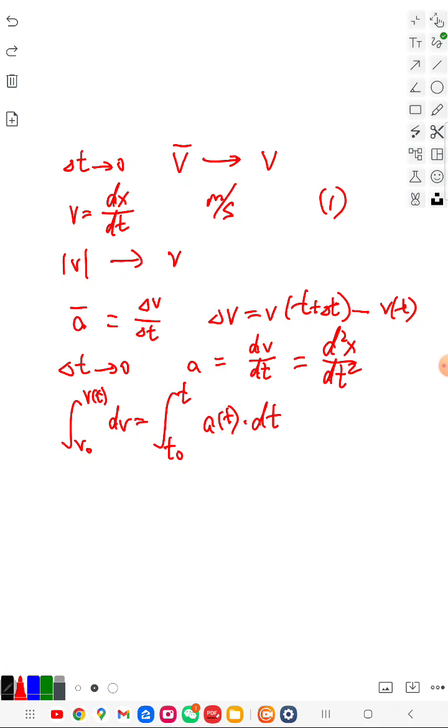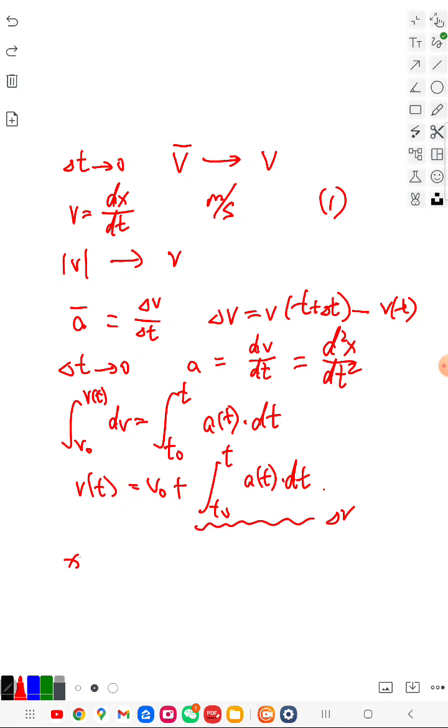So that means v(t) equals v0 plus the integral from t0 to t of a dt. And this part is exactly the change in v. The same, we can write x(t) equals x0 plus the integral from t0 to t of v(t) dt.